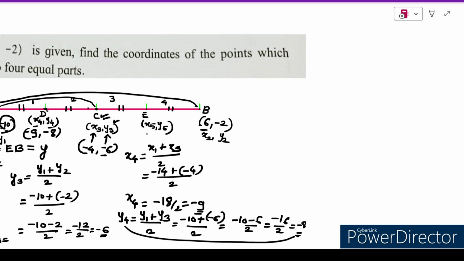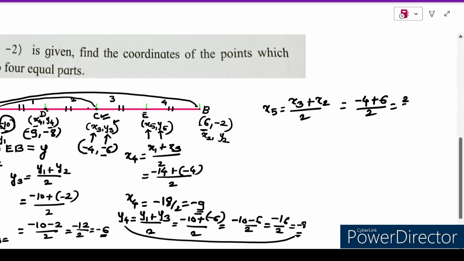Now we have to find the coordinate of point E, that is x5 and y5. x5 can be calculated as x3 plus x2 divided by 2, that is minus 4 plus 6 divided by 2, that is 2 divided by 2, which equals 1. The y coordinate, y5, can be calculated as the midpoint of segment CB.